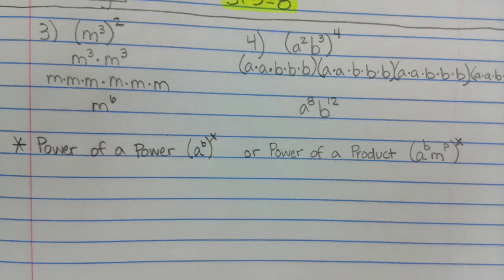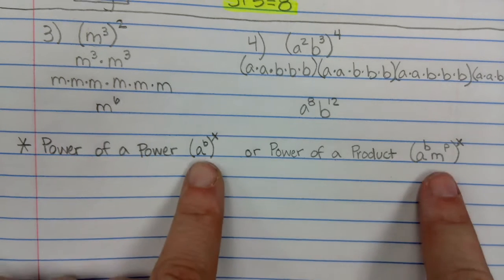Can anyone remember how could we have just jumped from the problem in number 4 to the answer? Yeah, you multiply. You did 4 times the 2 and then 4 times the 3.